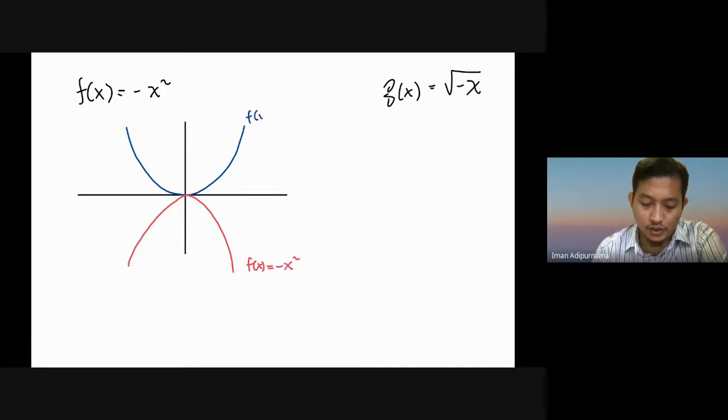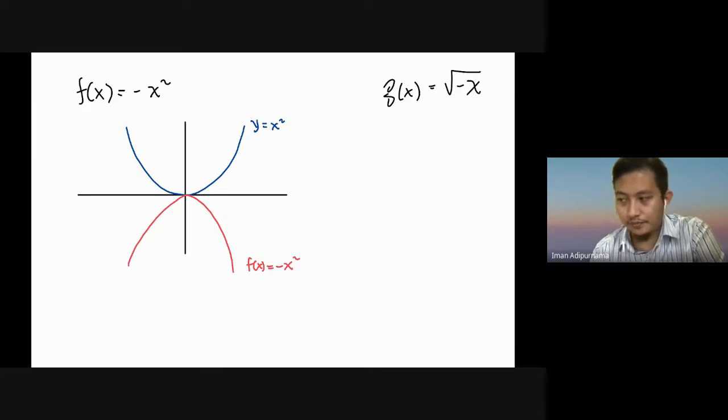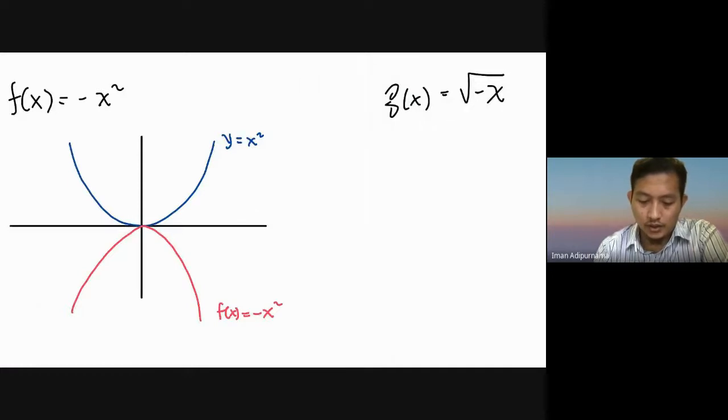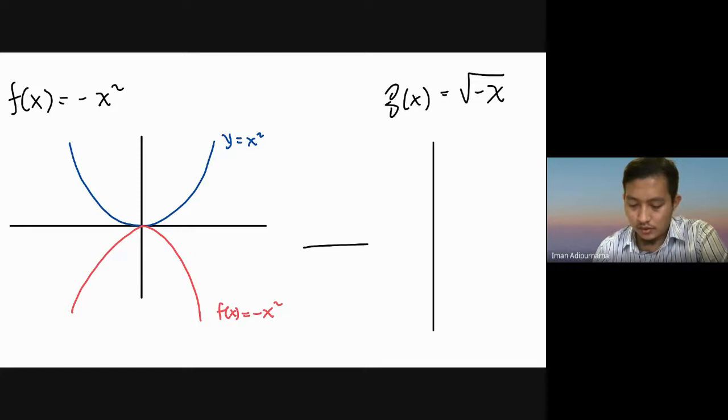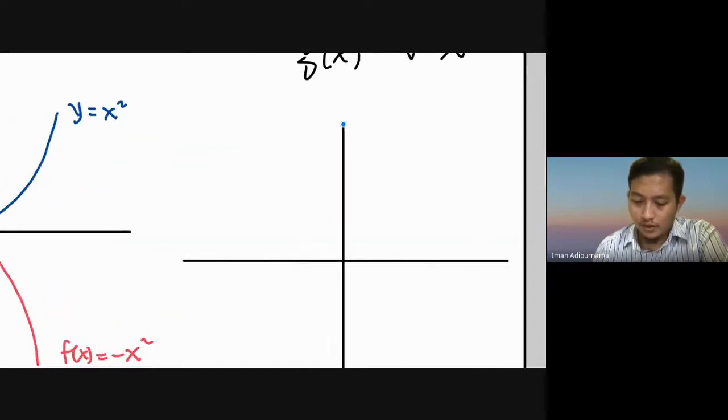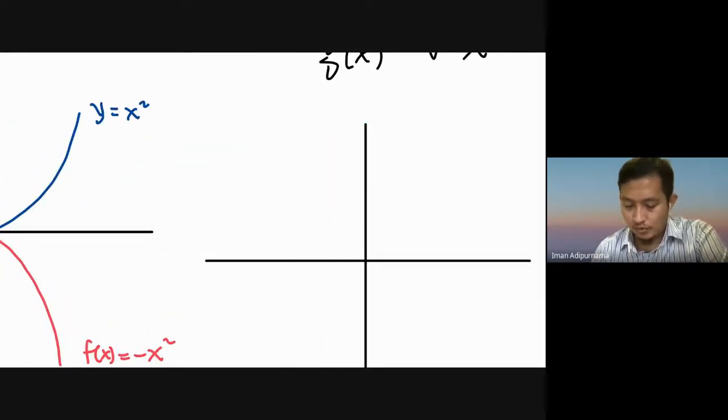This will be, let's say, this is, I think, right. And this one here, the original function will be maybe here.